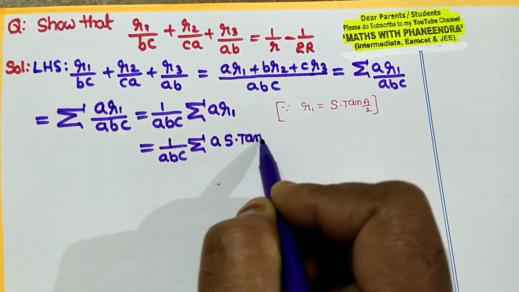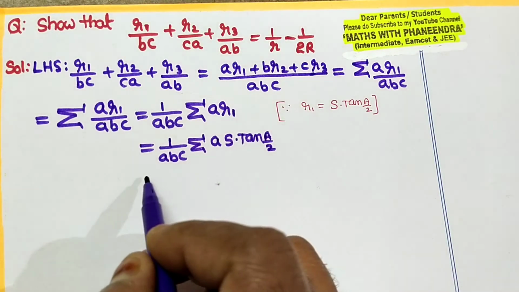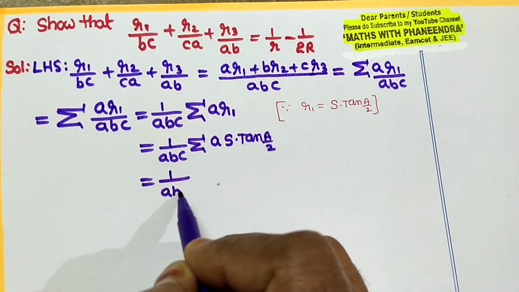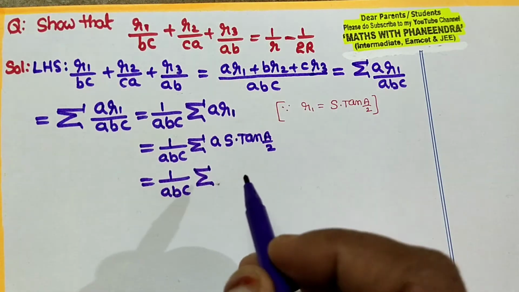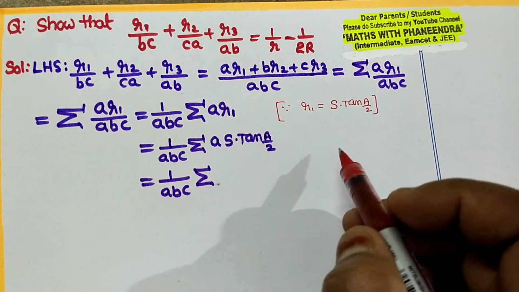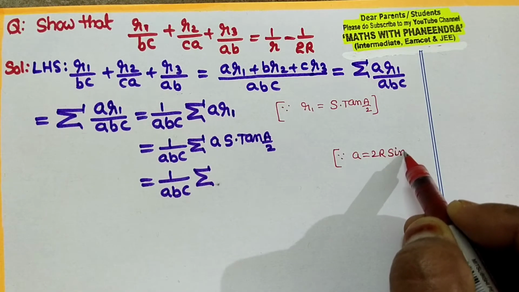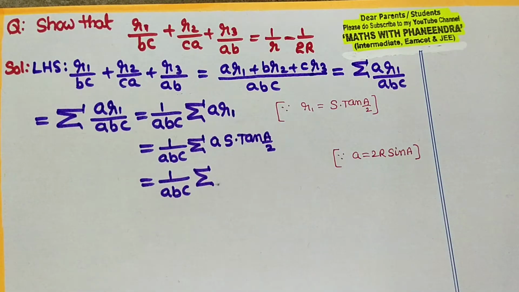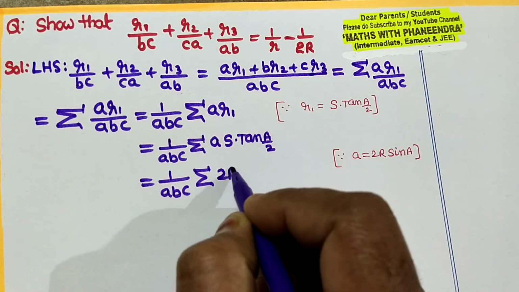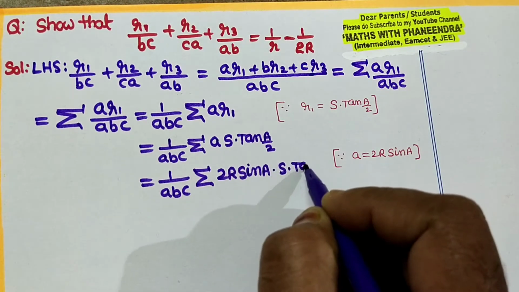In the very next step, small a can be written as 2R sin A from the sine rule. So equals 1 by ABC sigma, in place of A we have 2R sin A, into S into tan A by 2.